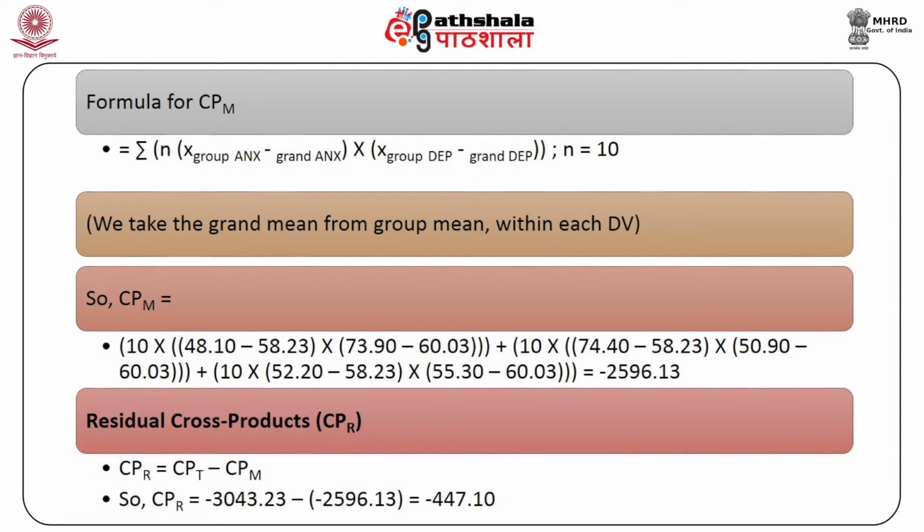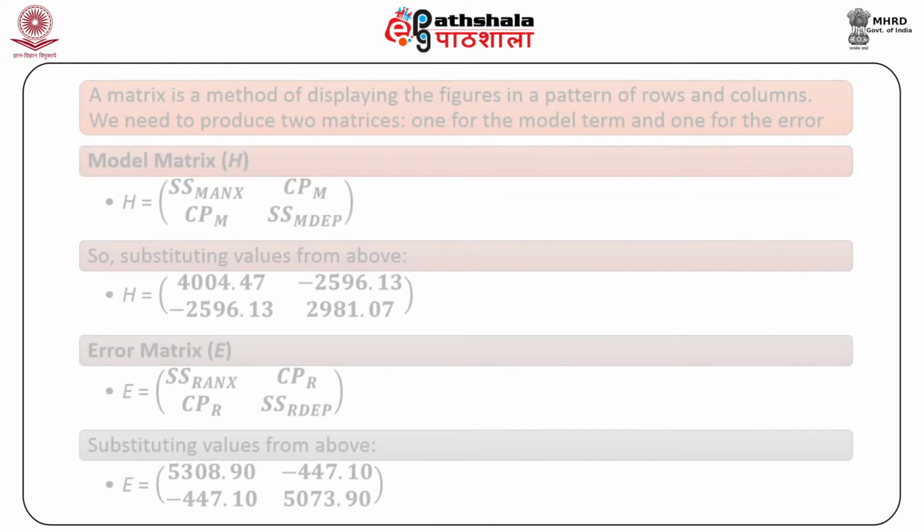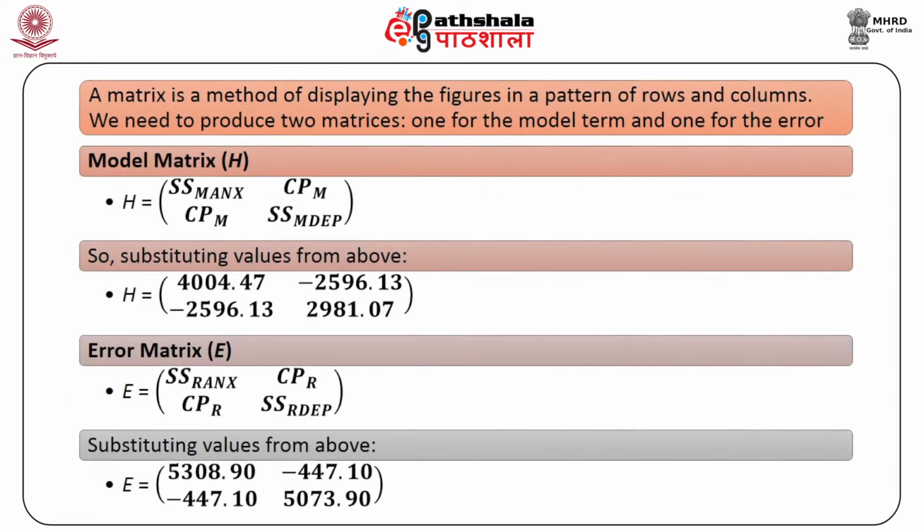A matrix method is a method of displaying the figures in a pattern of rows and columns. We need to produce two matrices here, one for the model term and one for the error term. The model matrix that is created is represented as H, that is sum of squares and the cross products for depression and total. So, substituting the values from above, we find the cross product for model and depression sum of square.